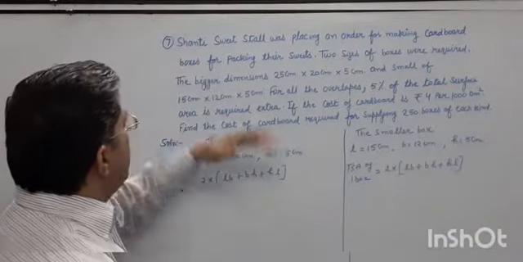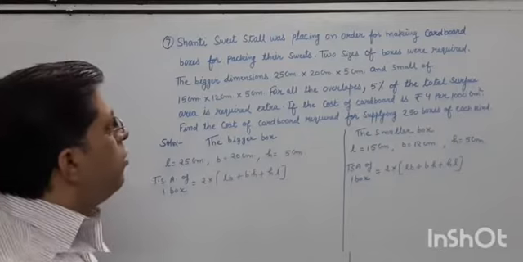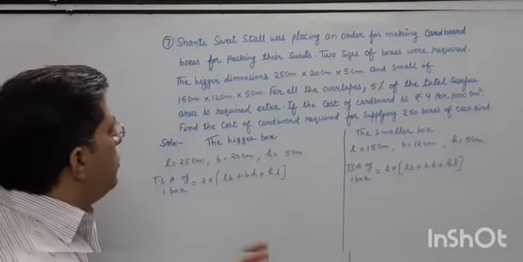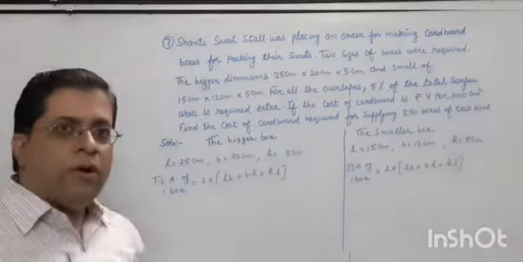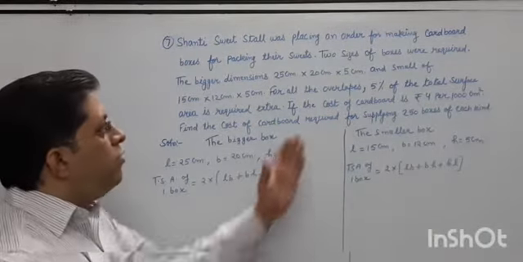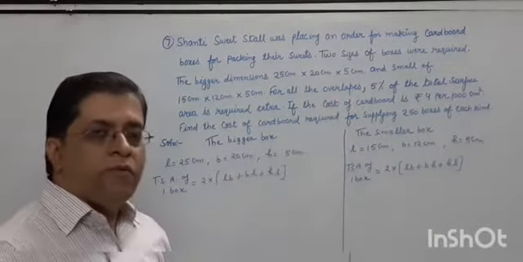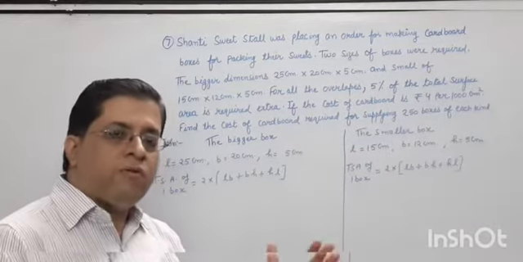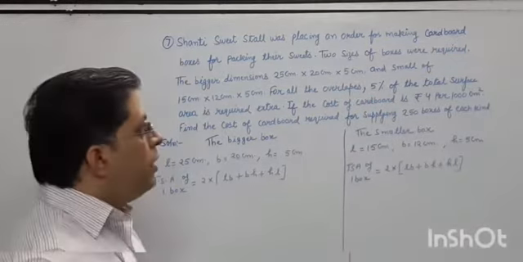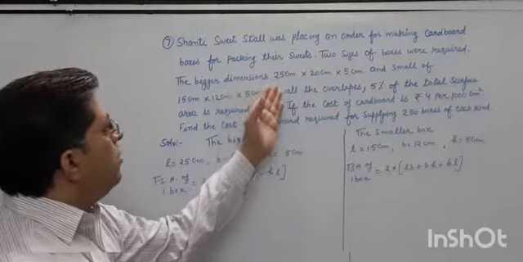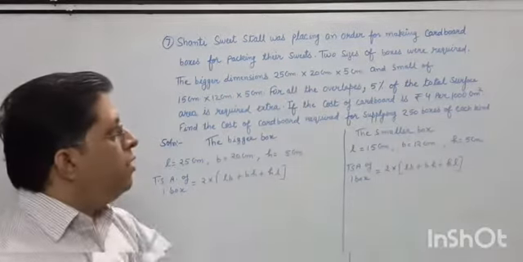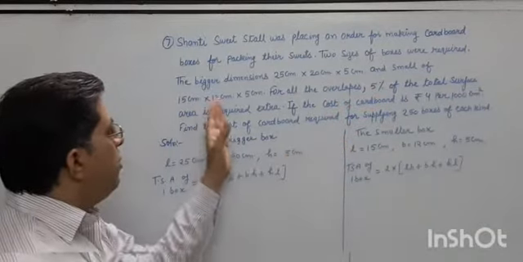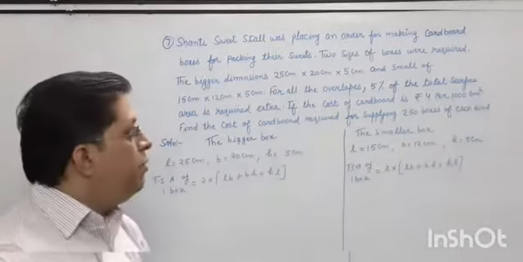Question number 7. Shanti Sweet Stall was placing an order for making cardboard boxes for packing their sweets. Two sizes of boxes were required. One is a big box and the other one is a small. Dimensions are given to you. Bigger one 25 centimeter into 20 into 5 centimeter, and smaller one is 15 into 12 into 5 centimeter.